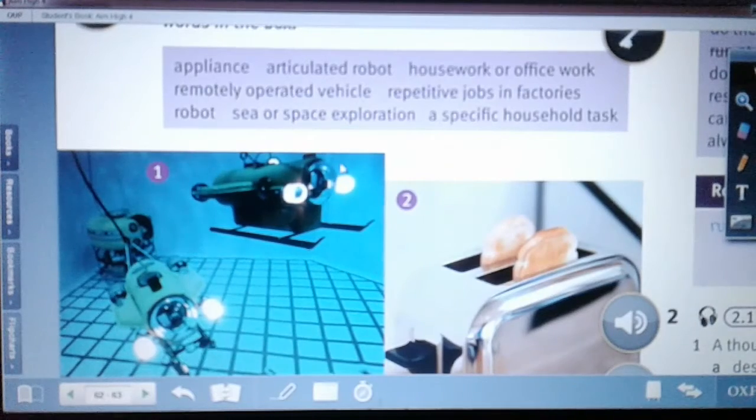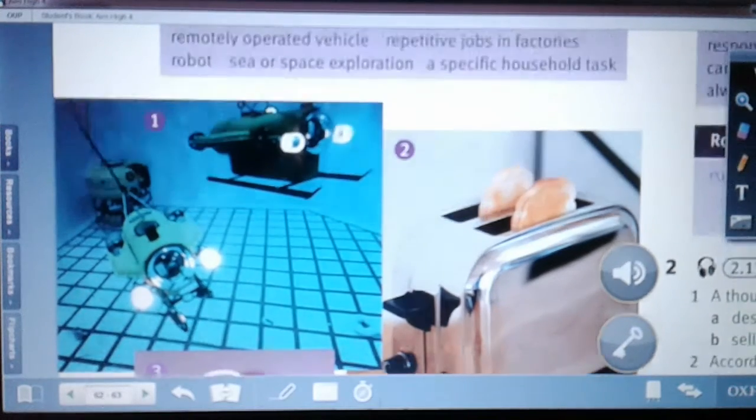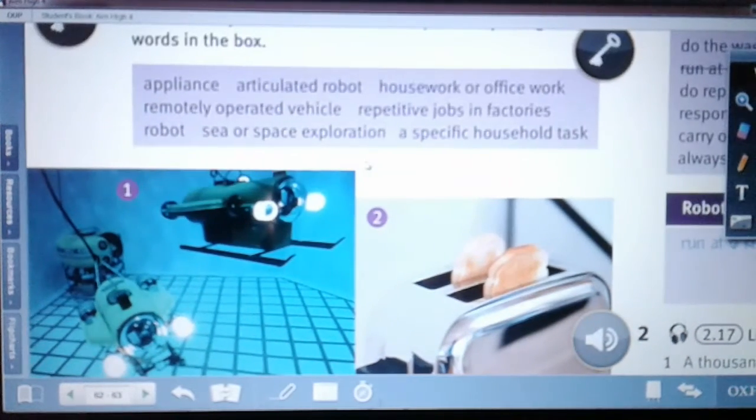Alright, so let's take a look at picture number 1. So there's a machine there, and it's supposed that it's under the sea. That machine is under the sea. So what words should we use?